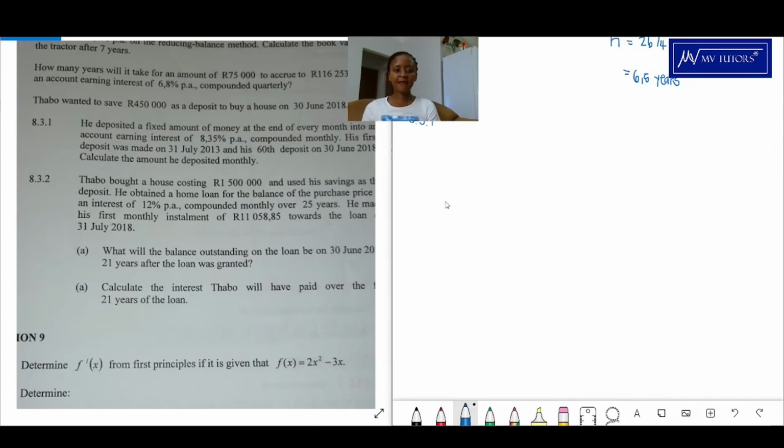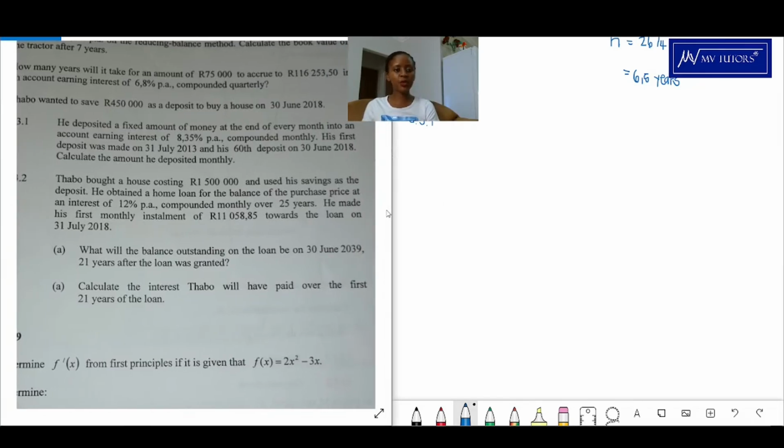He deposited a fixed amount of money at the end of every month into an account earning interest of 8.35% per annum compounded monthly. So I know my interest rate there is 8.35% compounded monthly.